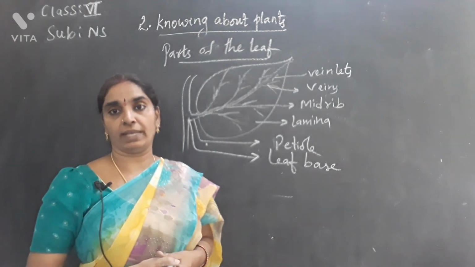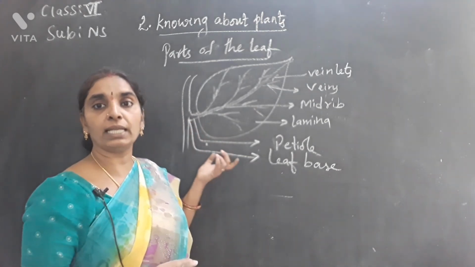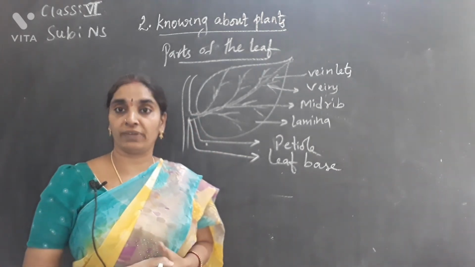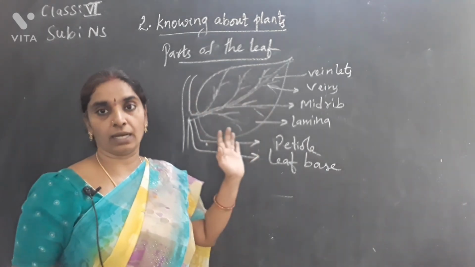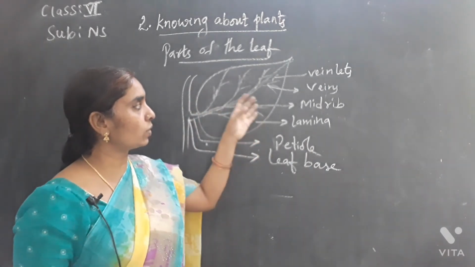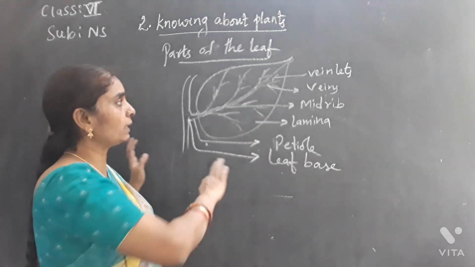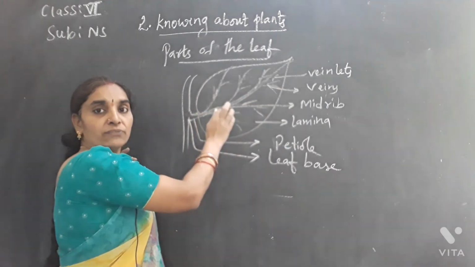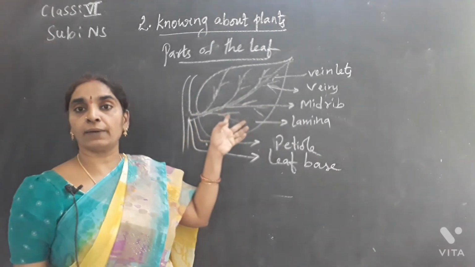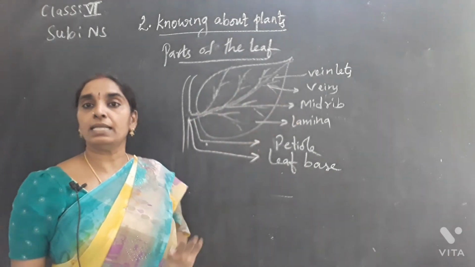So here, in reticulate venation, you can clearly observe the network type of venation, the arrangement of the veins in the leaf lamina, so that you can understand easily what is midrib, what are veins and what are veinlets. So this network of arrangement in the leaf is called venation, and it acts as a skeleton of the leaf.